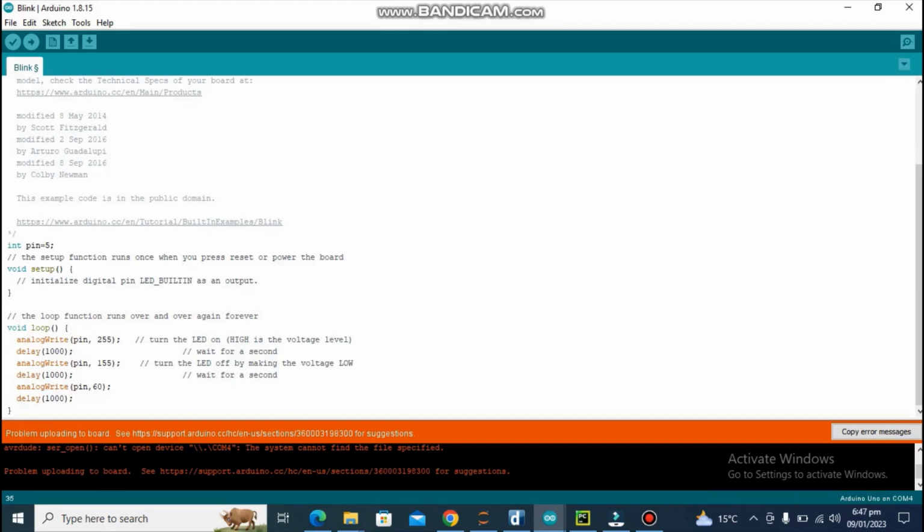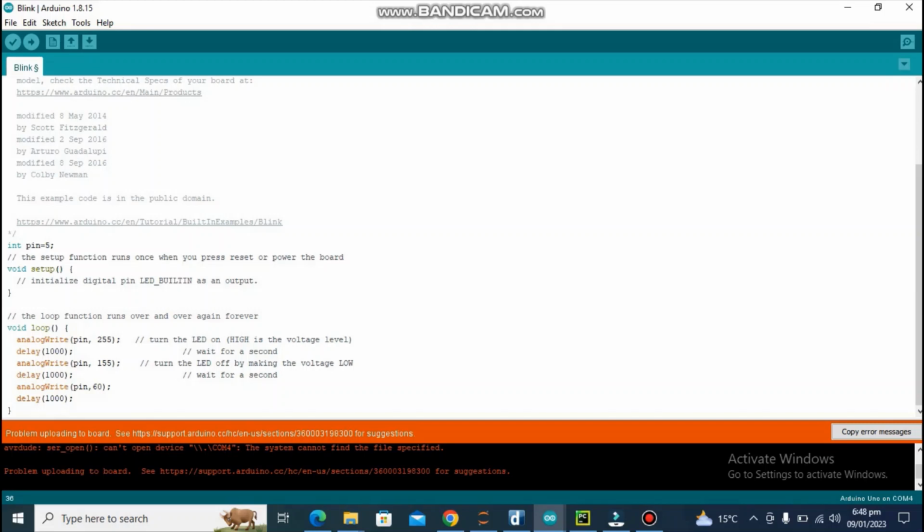And after this 1 second passes, the pulse width modulation value of pin number 5 decreases further to 60, means the output voltage will further decrease, and this voltage will again remain present on the pin number 5 for 1 second.